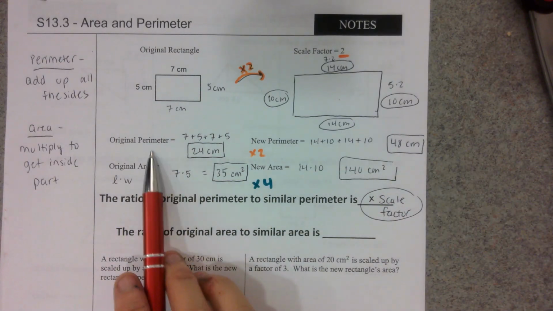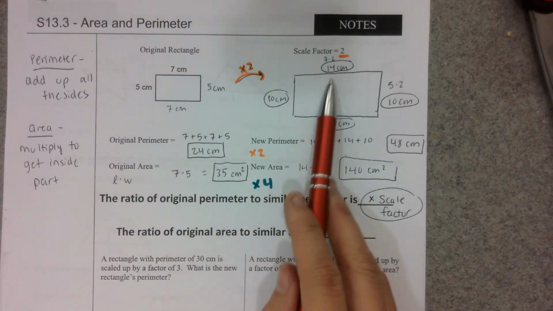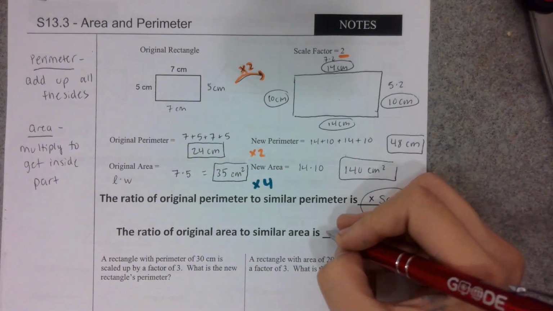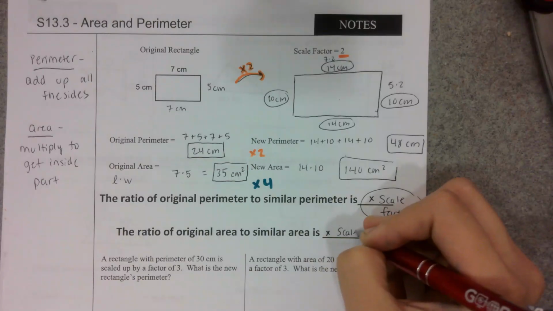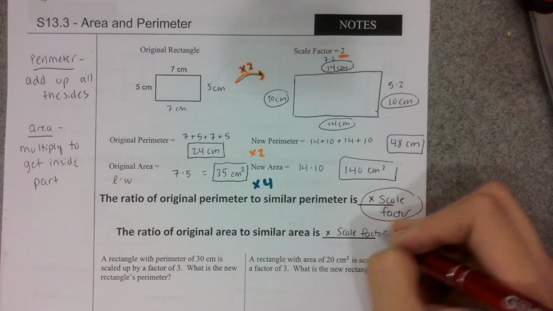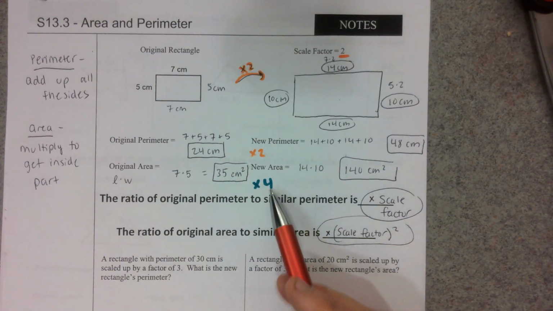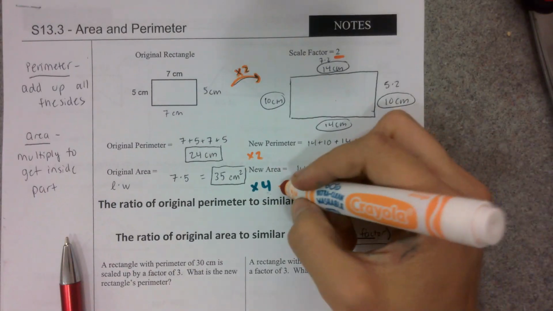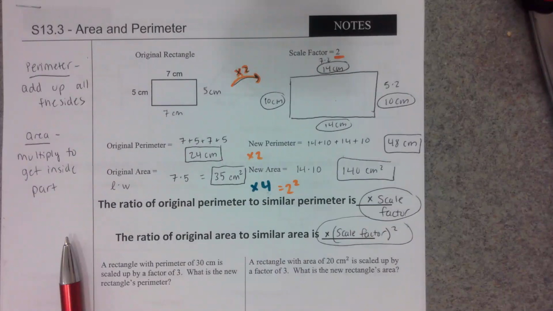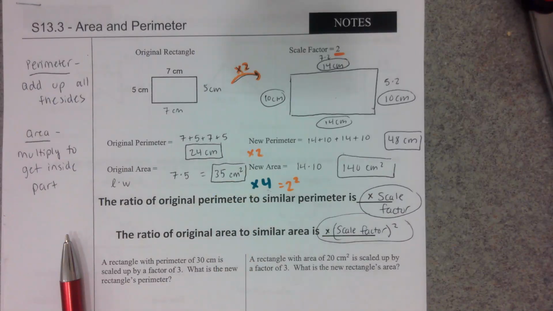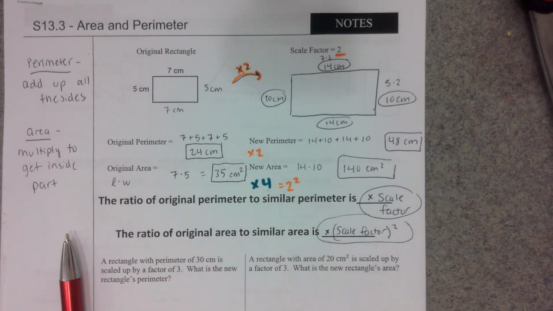If I wanted to go from original perimeter to new perimeter, I just times it by 2, just like my scale. But for the ratio of original area to similar area, we times it by scale factor squared. So this is equal to 2 times 2, which is 4. So when I'm doing my area, I do 35 times 4, because think, centimeters squared. So we're going to do the scale factor squared. Okay, so this is going to take a little bit of practice to get used to.